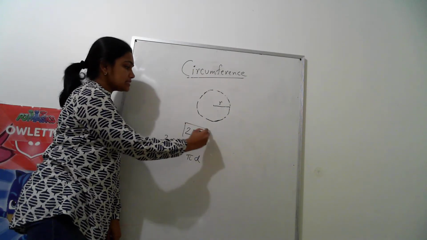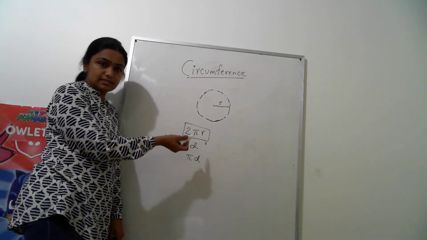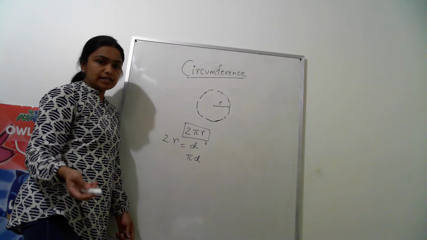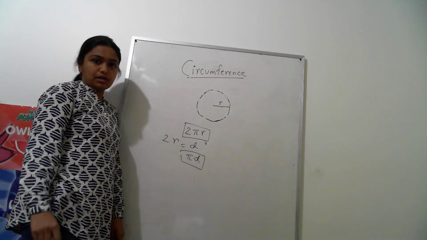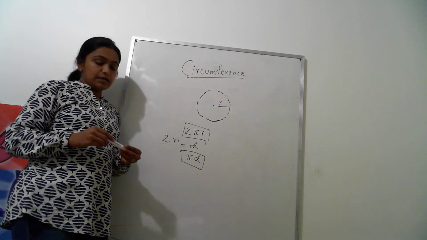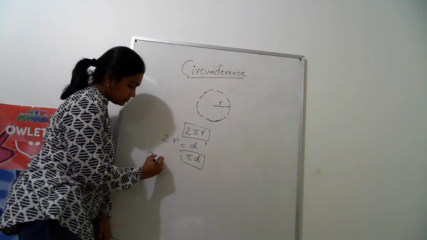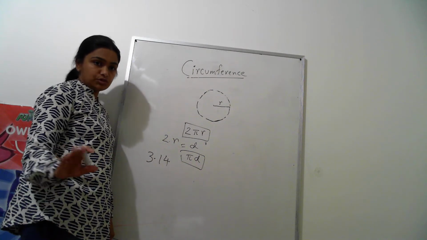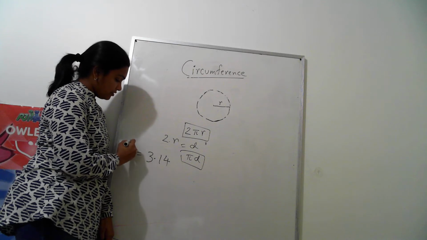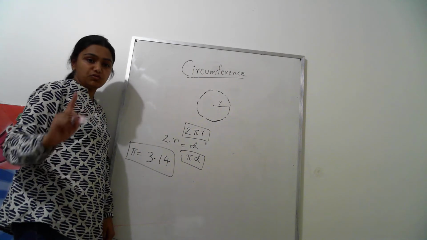This is the formula if the radius is provided in the question. If diameter is provided, then this will be the formula. Now what is pi? Pi is a constant value, 3.14. It has no unit. Always remember, the value of pi is 3.14.